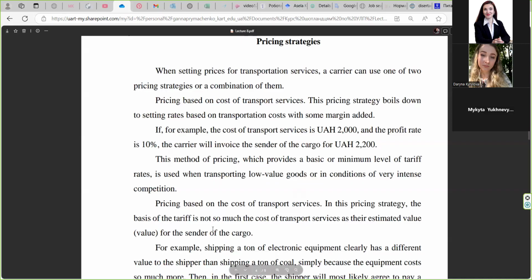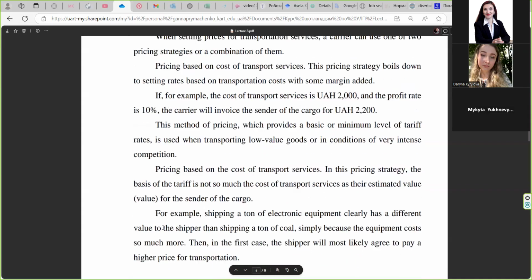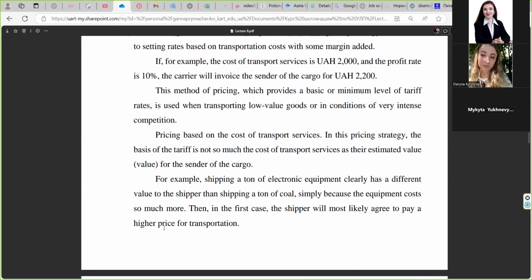So, pricing based on the value of transport services. In this pricing strategy, the basis of the tariff is not so much the cost of the transport service as its estimated value for the sender of the cargo. For example, shipping optoelectronic equipment clearly has a different value to the shipper than shipping a ton of coal, simply because the equipment costs so much more.